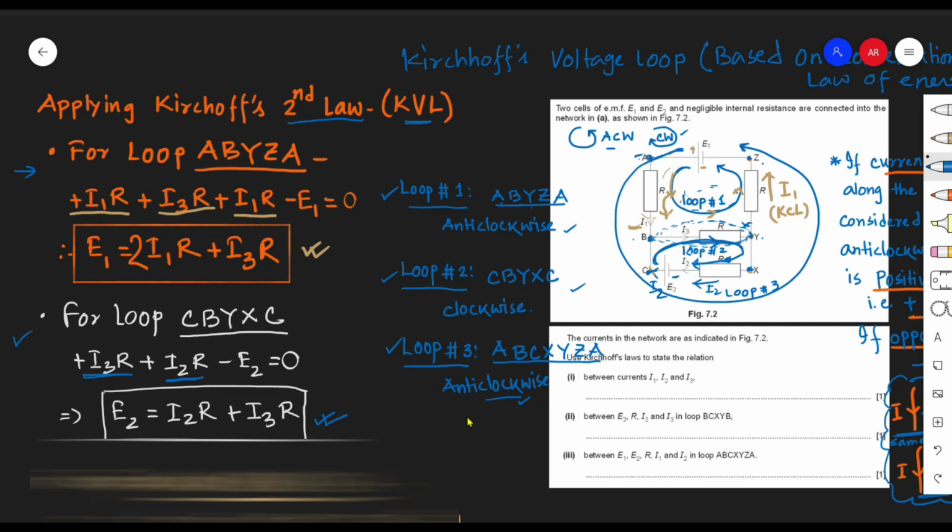The way when we chose the first loop, we didn't choose the lower loop, loop 2. When we chose loop 2, we didn't consider loop 1. And right here, when we choose loop 3, A, B, C, X, Y, Z, A, we are not going to choose any of the individual loops. So this BY junction is going to be omitted from our consideration.